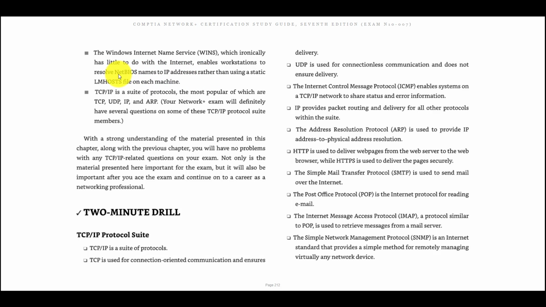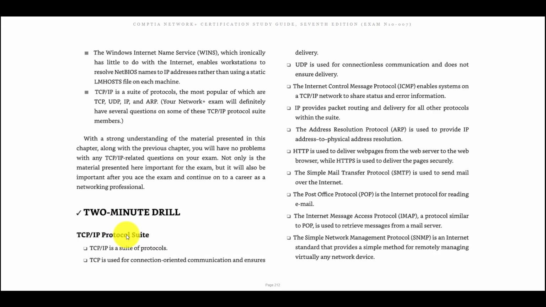So the NetBIOS name is just the name of the computer, and each computer is going to have an IP address. TCP/IP is a suite of protocols, and TCP, UDP, IP, and ARP are some of the more common ones, and you will definitely get drilled on these on the test.